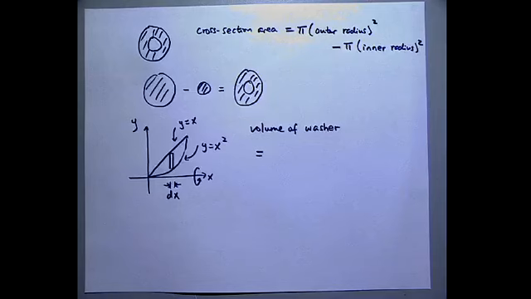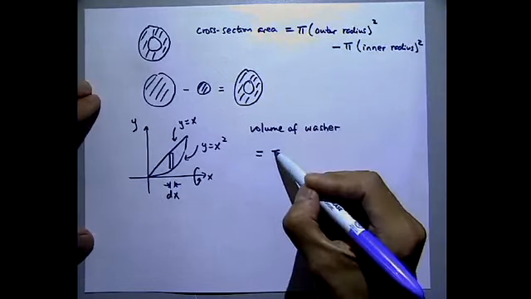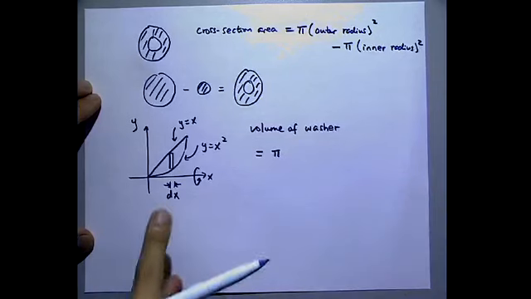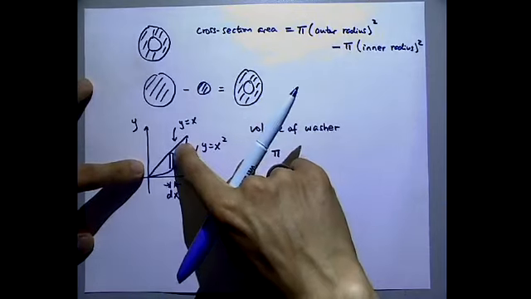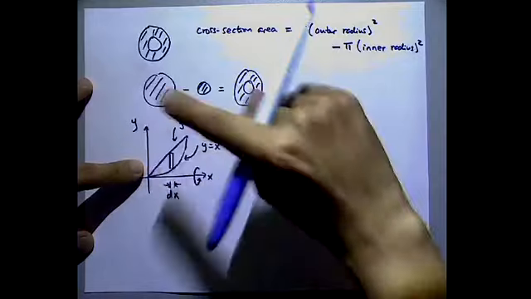Okay, now we calculate the volume of this washer. First, we calculate the cross-sectional area, pi. Which one is the outer radius? Y is equal to x, the one that's up here, right? That's outlining the outside.